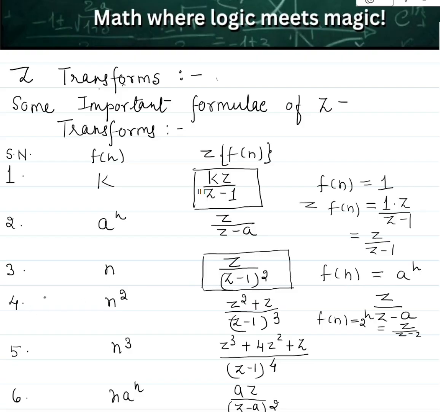Now if your function is n square or n cube and n to the power 4, and so on, you can use this formula. The Z transform of n square is equals to z square plus z upon z minus 1 the cube. So this is the Z transform of the function n square.